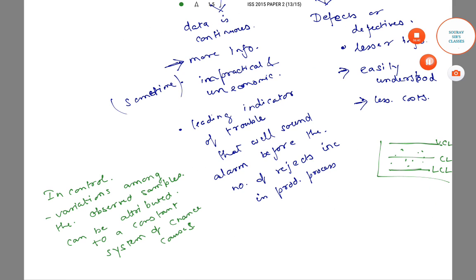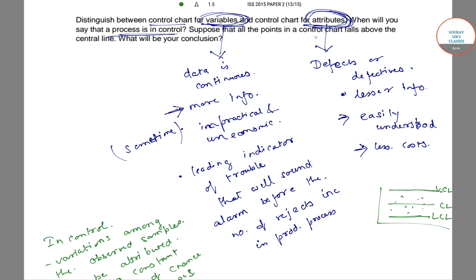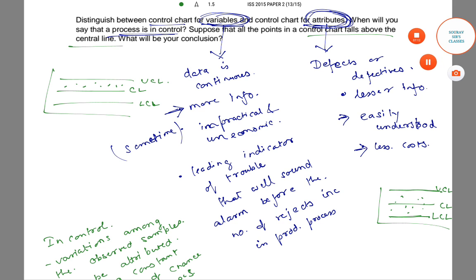Now the next is, suppose all the points in the control chart fall above the central line. Suppose this is the central line, that is CL, this is the lower control limit LCL and this is the upper control limit. So if all the points fall above the central line, the situation happening is called a run.